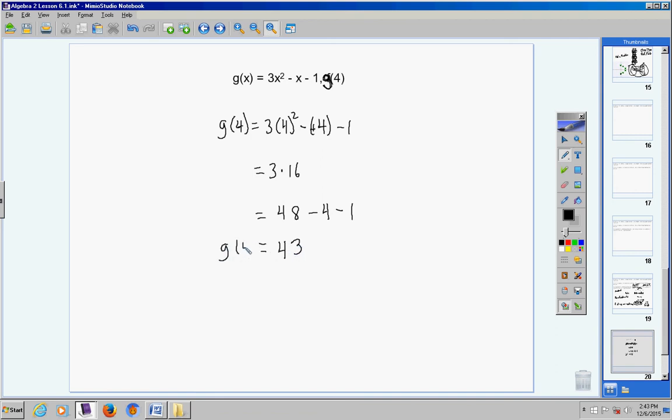So g of 4 equals 43. So here's what that means. It means the function g at the value of 4 equals 43. Or g of 4 equals 43. Or you could look at it like this. An ordered pair. You put in 4, that's your input. And you got out 43, that's your output. Okay? Input, output.